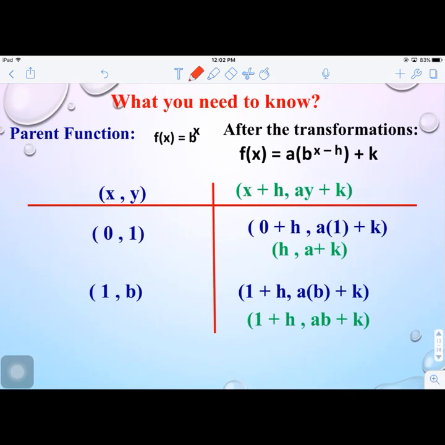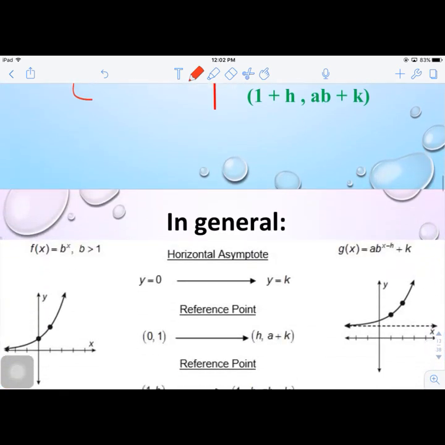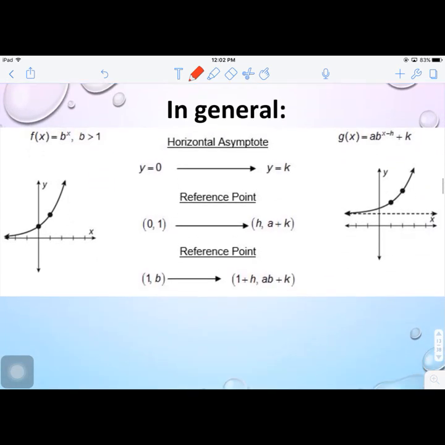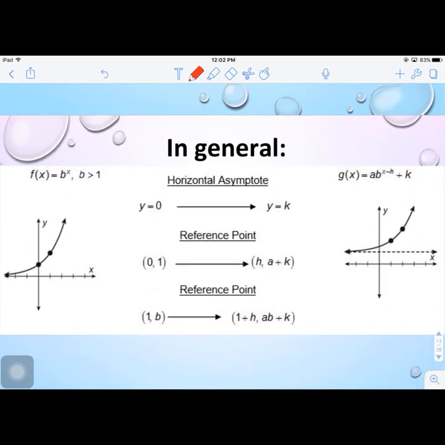And these are the reference points that you will need. We only have 2. Remember the reference points? Those are the points that map out the function. So we will need to refer to these when we're doing the calculations. And in general, let's explore what the functions for the exponential look like. So we have b to the x, which is going to follow this pattern. And this is for all growth, which means b is always greater than 1.